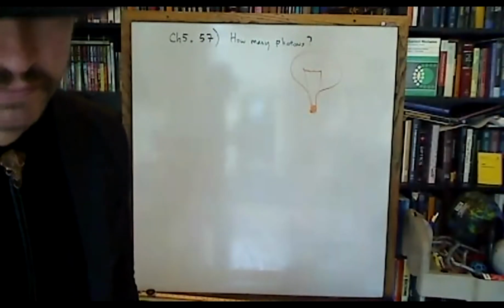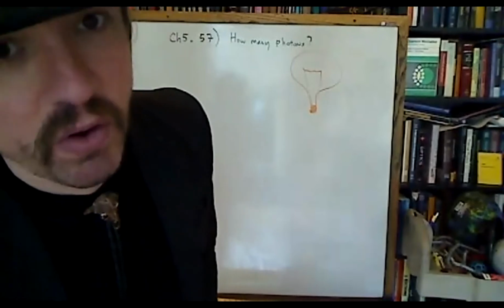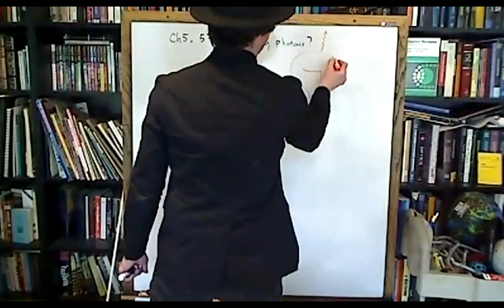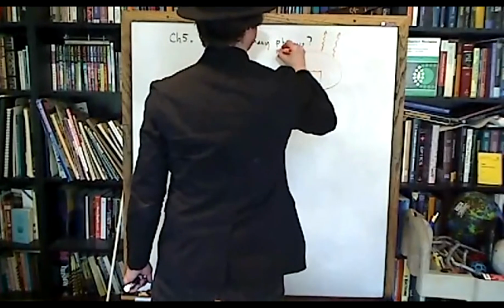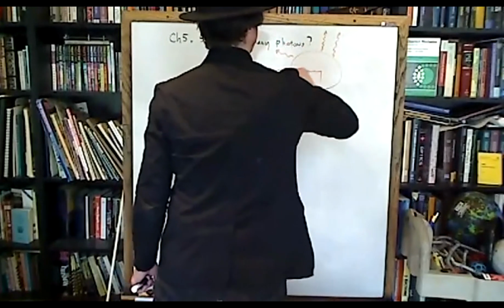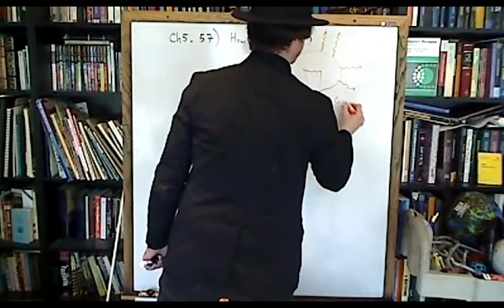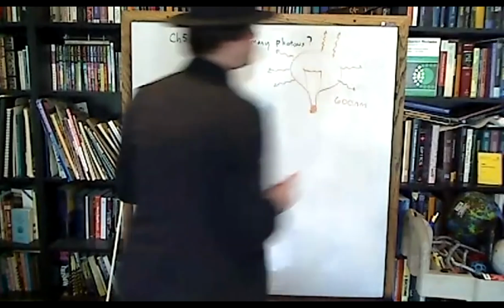Red? Orange, right? So this is like a Home Depot party light bulb. It's like a laser light bulb that only gives out photons whose wavelength is 600 nanometers.